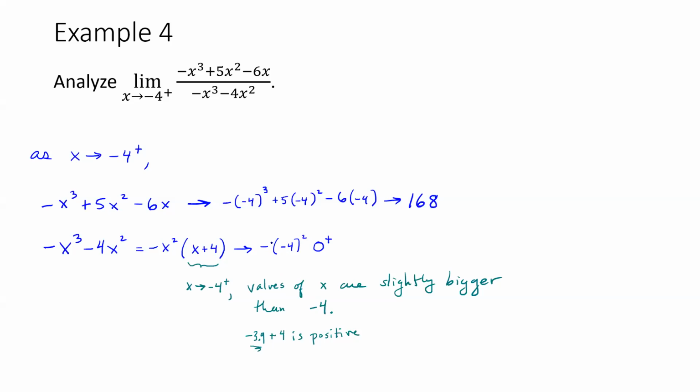So you've got negative 16 times 0, which approaches 0 from the negative side. With that breakdown, we notice that this denominator approaches 0 from the negative side as x approaches negative 4 from the right.